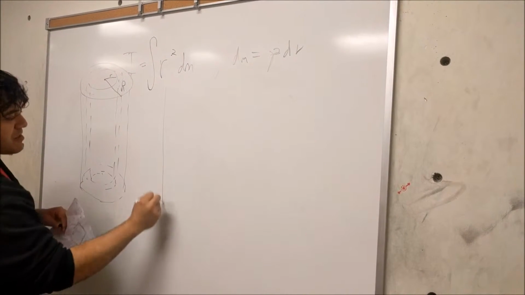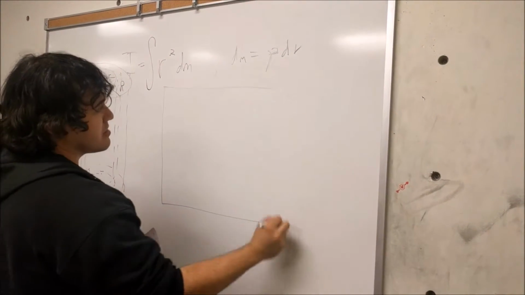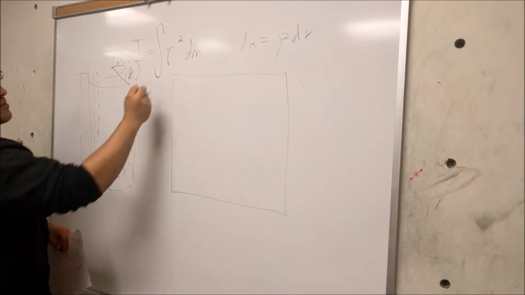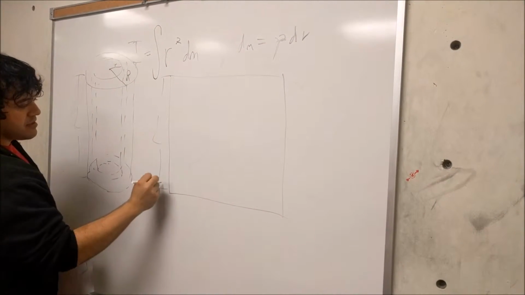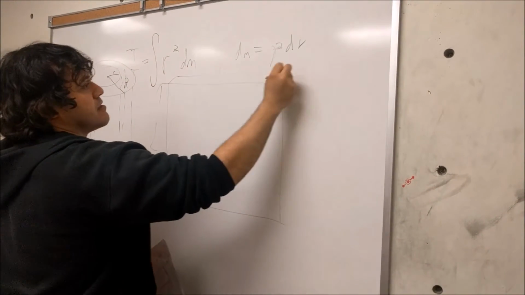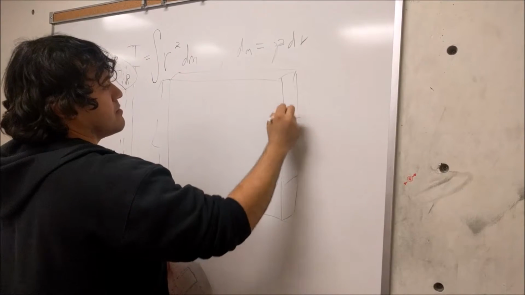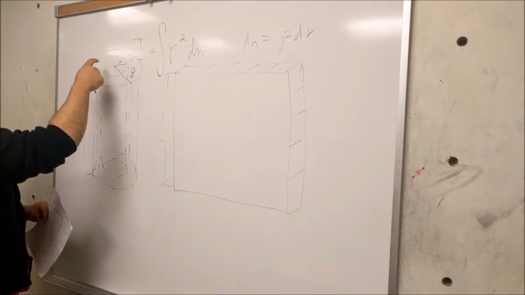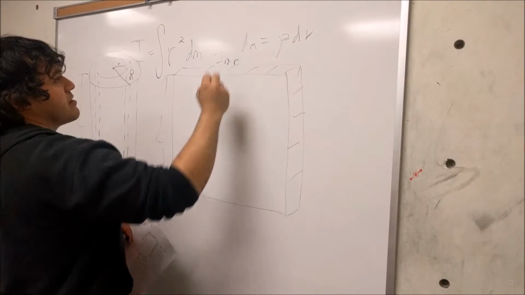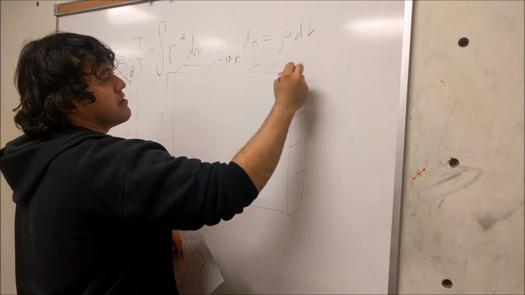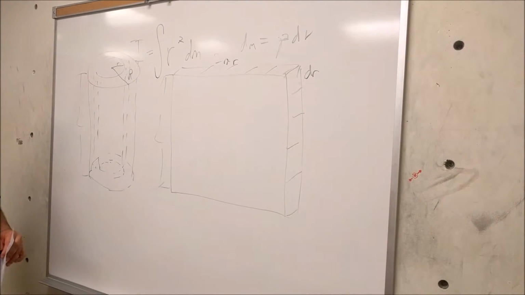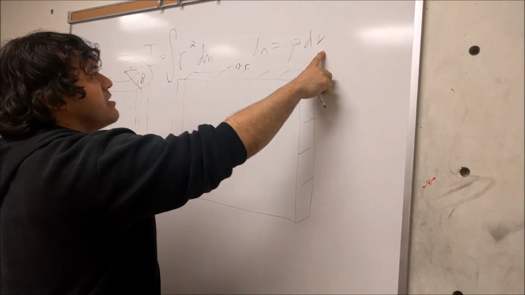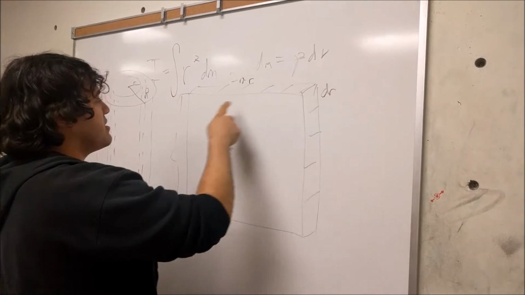So when we roll out that small piece, it's going to look like this, where the height would be L, and the length would be the circumference of the circle, which would be 2 pi r. And this thickness would be dr. So now we can have rho dV, where dV would be the change of this volume.